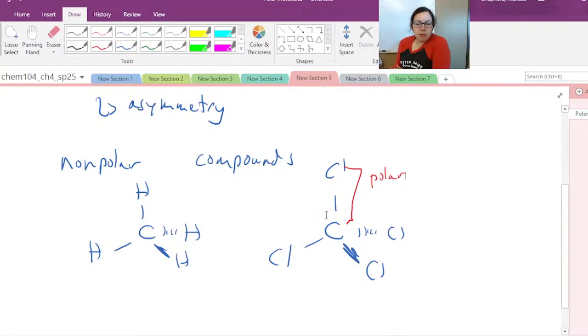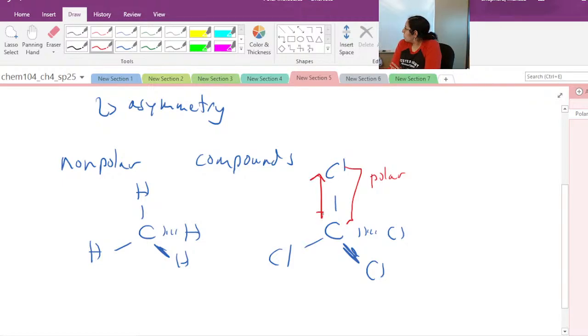But if we look at the structure itself, there are a few different ways to think about it. First, the mathematical way is to draw what's called your vectors. Chemistry is opposite from physics in that we draw this little arrow towards the more electronegative element.